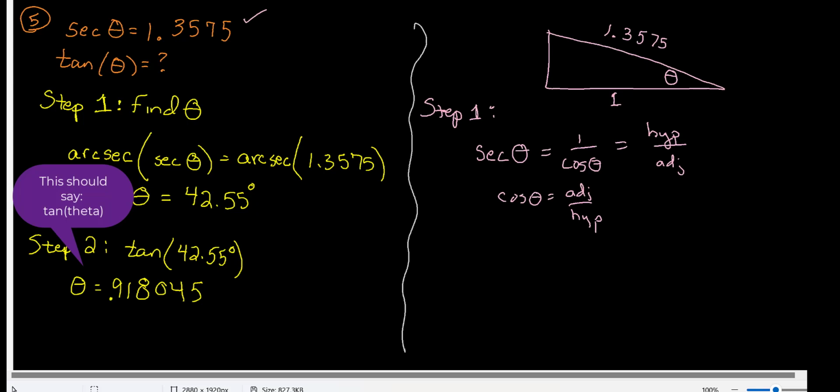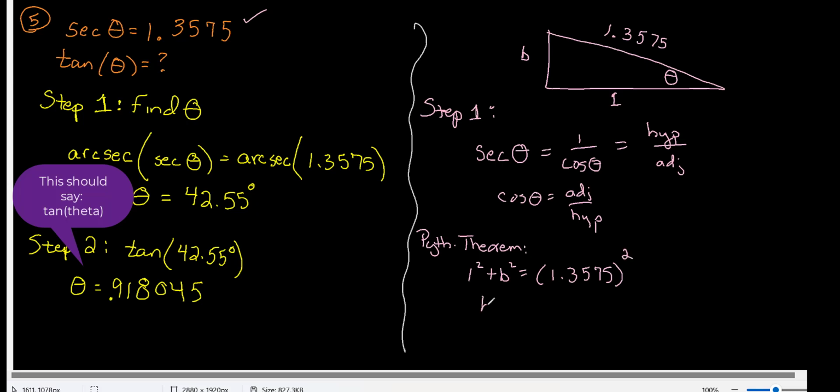Our goal is to find tangent of theta. So we need to find this missing side here. I'll call it side b. And so once we have that, we can then do the ratio, and that's our tangent function. So we would need the Pythagorean theorem, which says that 1 squared plus b squared equals 1.3575 squared.